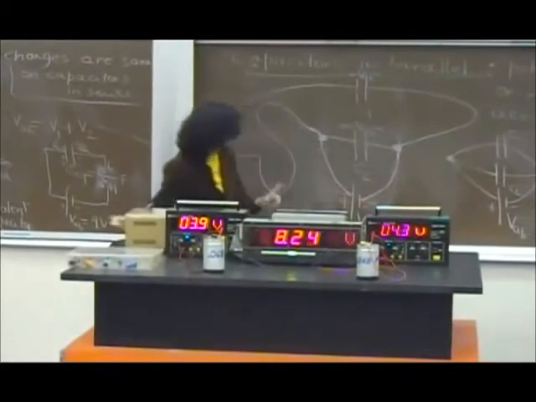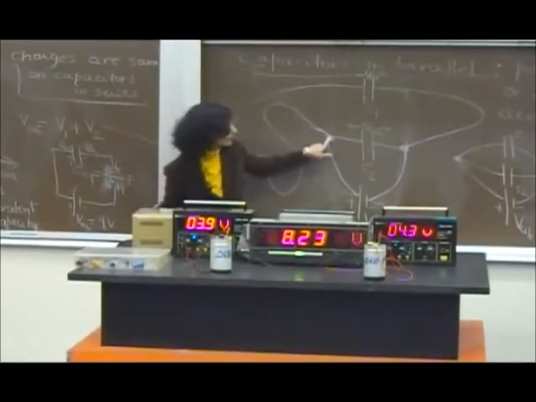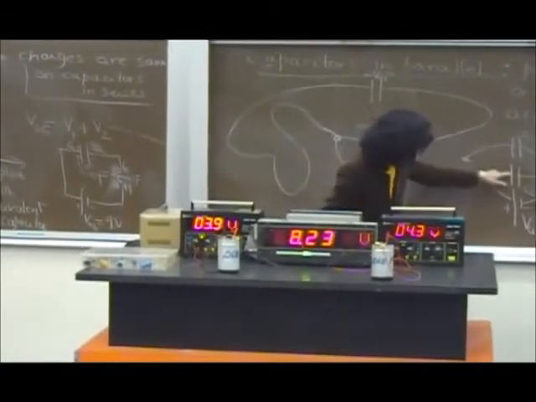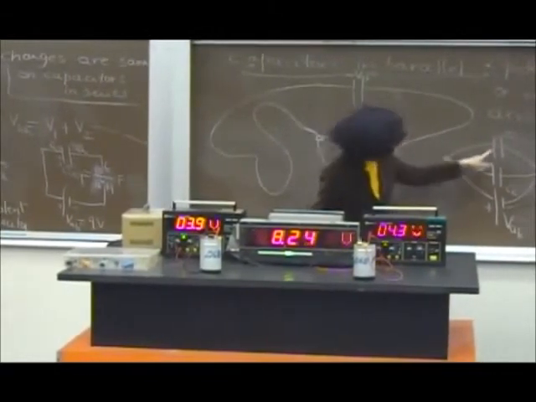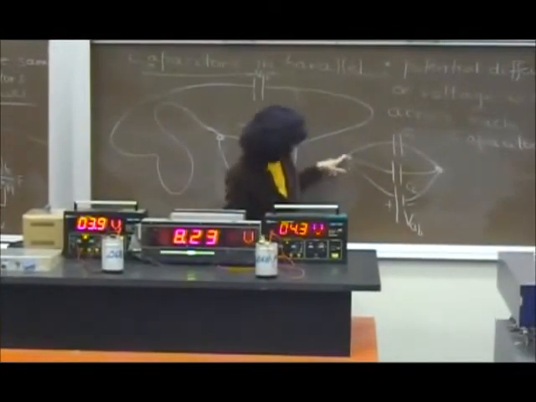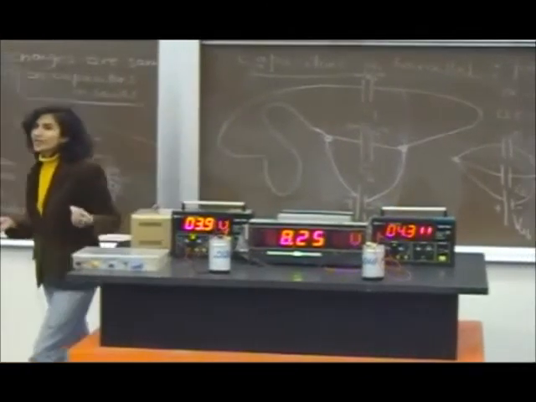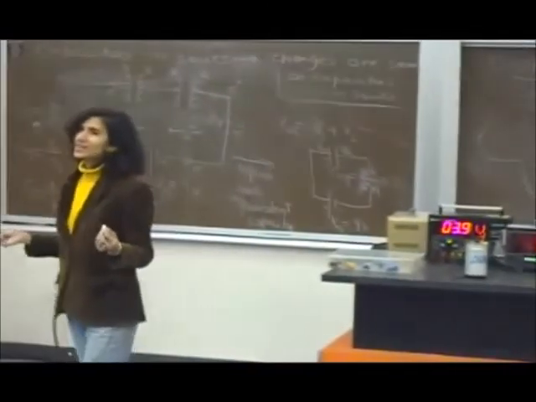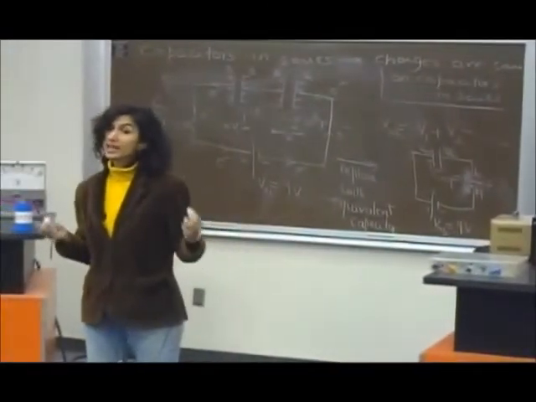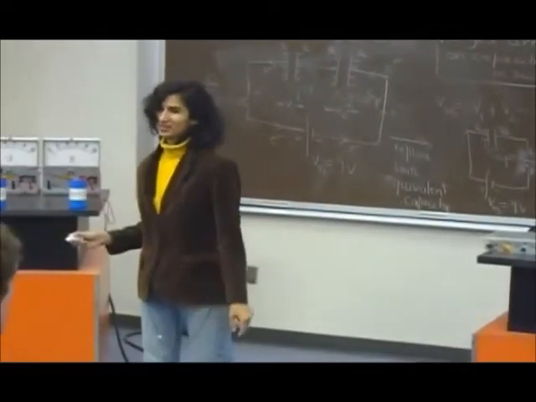Notice that there is a junction at which these two capacitors meet. There's another junction where these two meet, and they also meet the battery at that junction. So both these capacitances are in parallel with each other, and they are also in parallel with the battery itself.